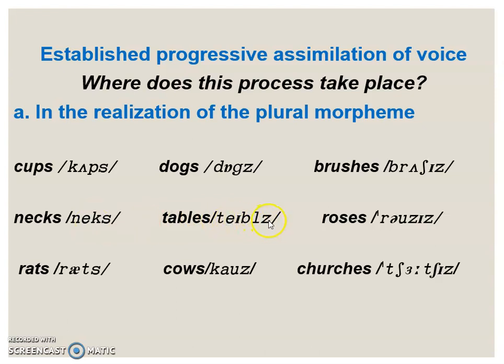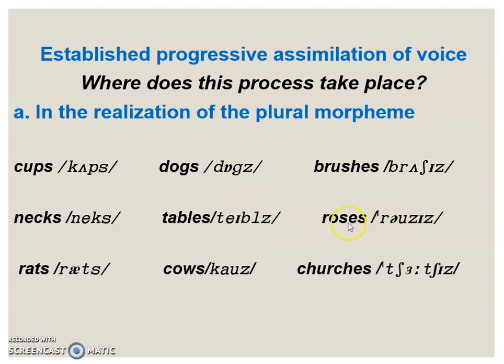Tables, tables, right? Okay, this is a case of established progressive assimilation of voice in the realization of the plural morpheme, which is realized as a voiced sound because the previous sound is voiced too. Good.